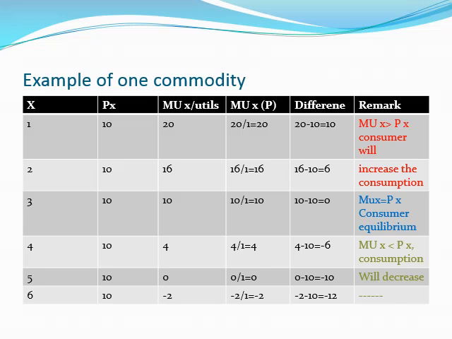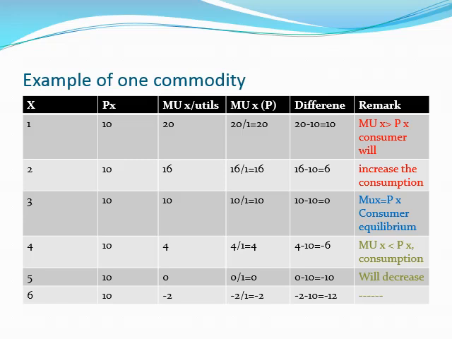MUX over PX is the relation between marginal utility and the price of X. So 20 over 10 equals 2, 16 over 10 equals 1.6, 10 over 10 equals 1, 4 over 10 equals 0.4, 0 over 10 equals 0, and -2 over 10 equals -0.2.